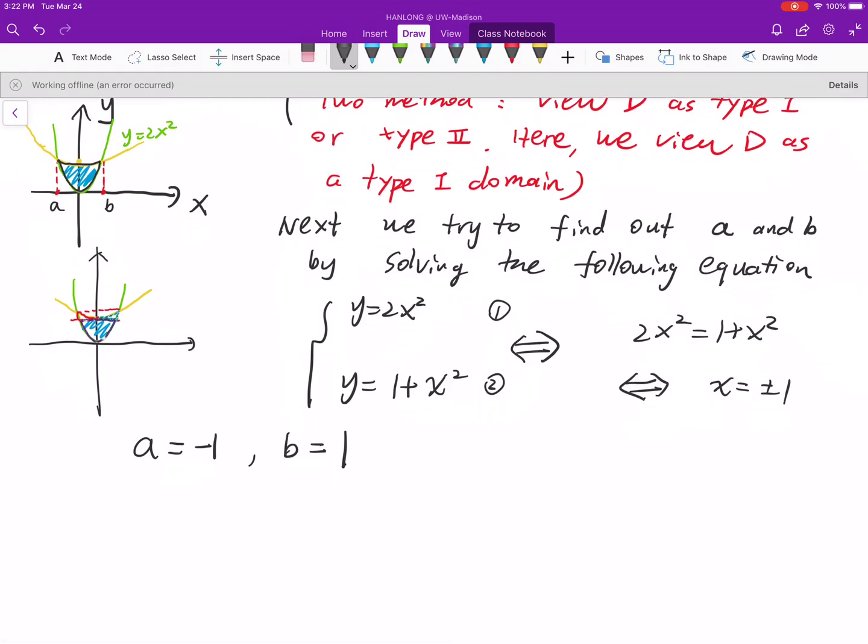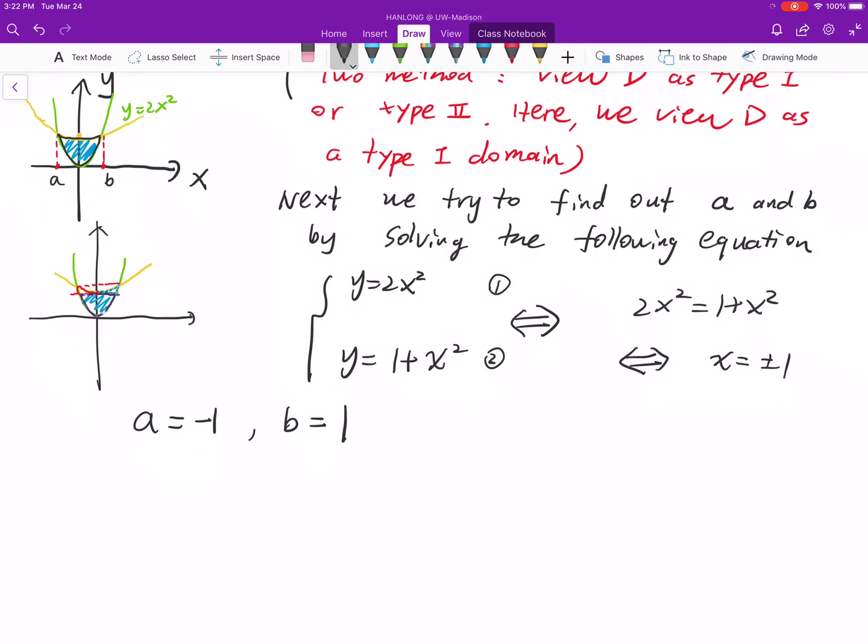Okay, then by the formula for the double integral over a type 1 domain, this integral can be written down as an iterated integral as following. So first, your x is between negative 1 and 1, and then your y is between two functions of x.